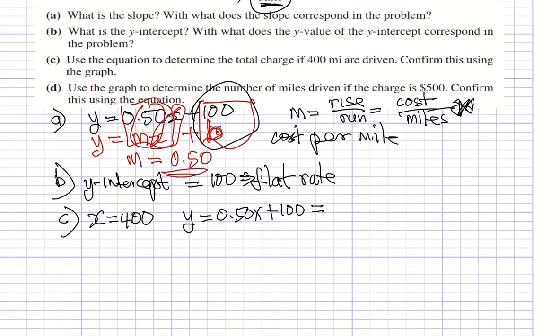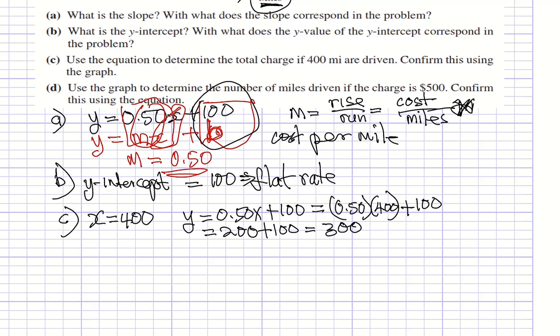Putting in x equals 400, you get 0.50 times 400 plus 100. 0.5 times 400 is 200, and 200 plus 100 is 300.